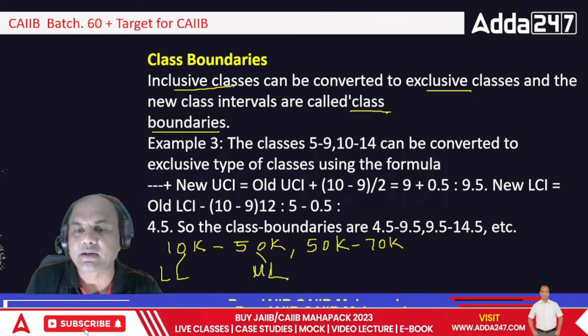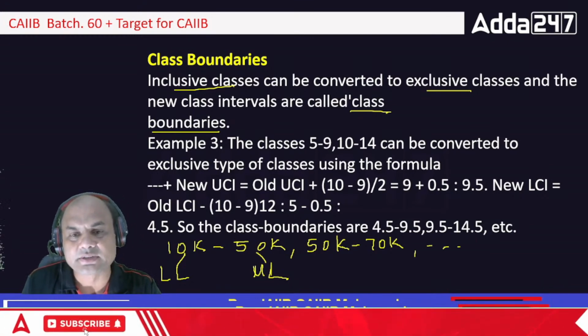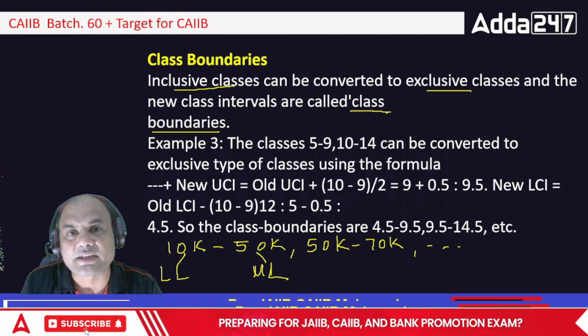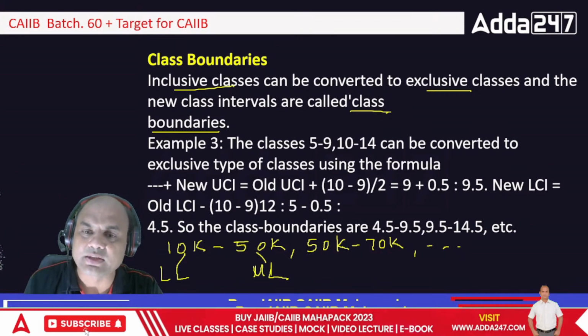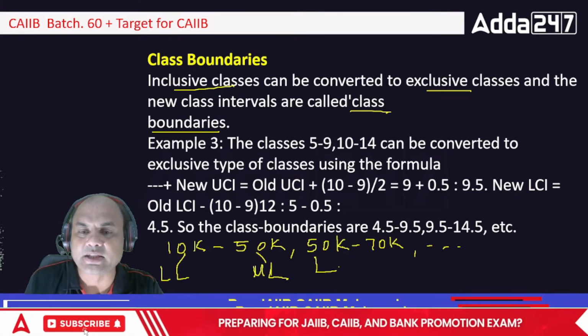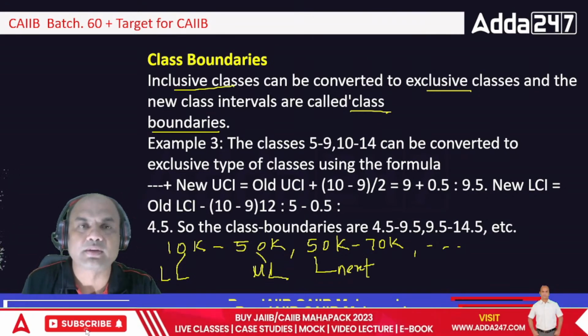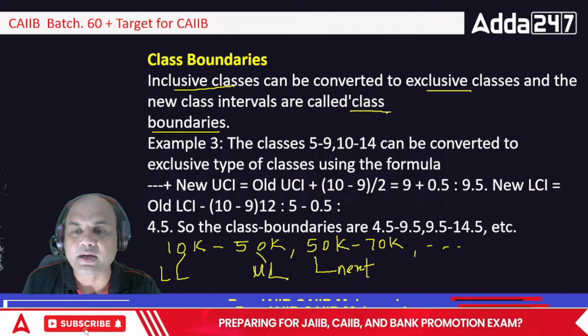If I have the exact salary of 50,000, where will I include that person? Generally, the person is included in the next class. Likewise, a person with exactly 70,000 is included in the next class, not in this ending one.